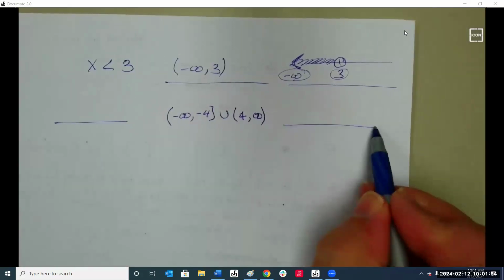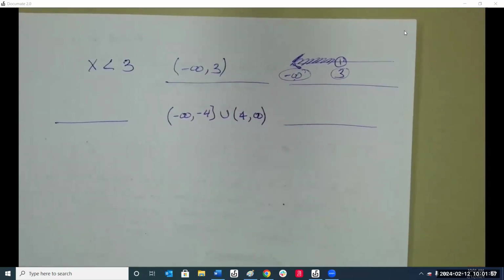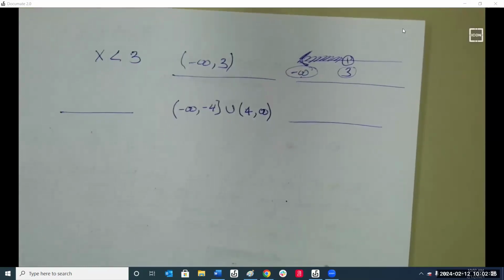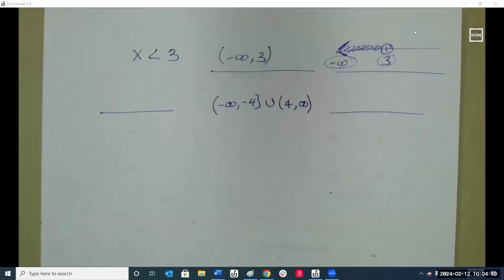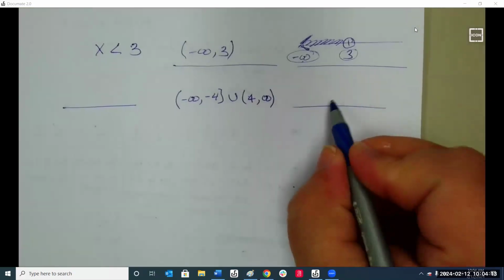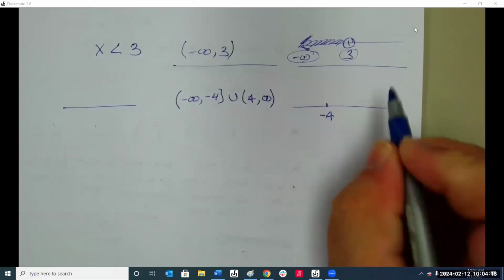Okay, give me the other two formats. So the graph would go from -4.